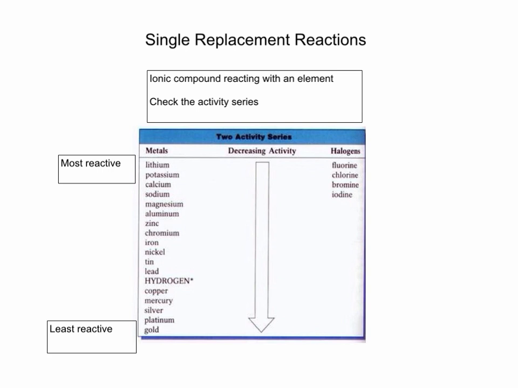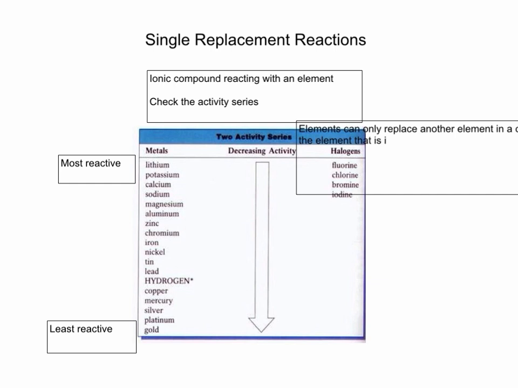And the way that we use this activity series is, an element can only replace another element in a compound if the element that is in the compound is less reactive, or below it, on the activity series.